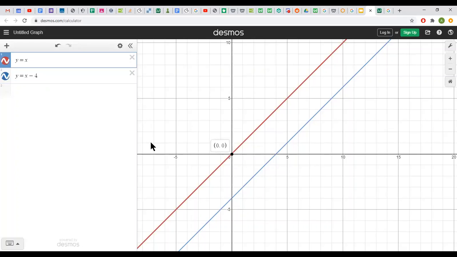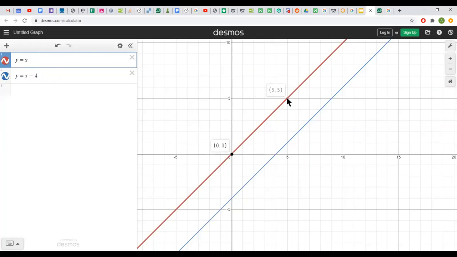This is the case because we subtracted 4 from our x value, from our input. What that means is that our input has to be 4 numbers greater for us to get the same y value as our original equation. For example, in our red line, if we input 5, our output is 5.